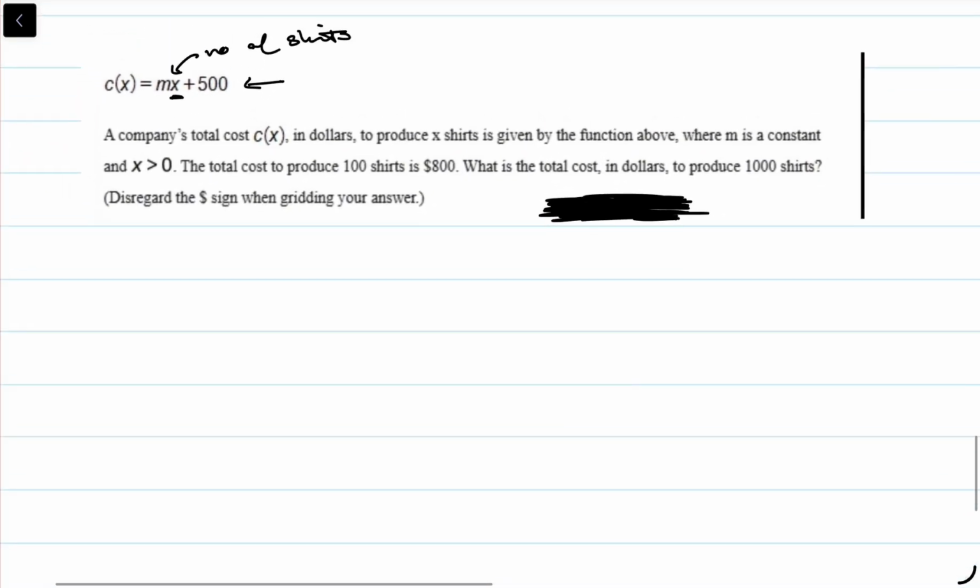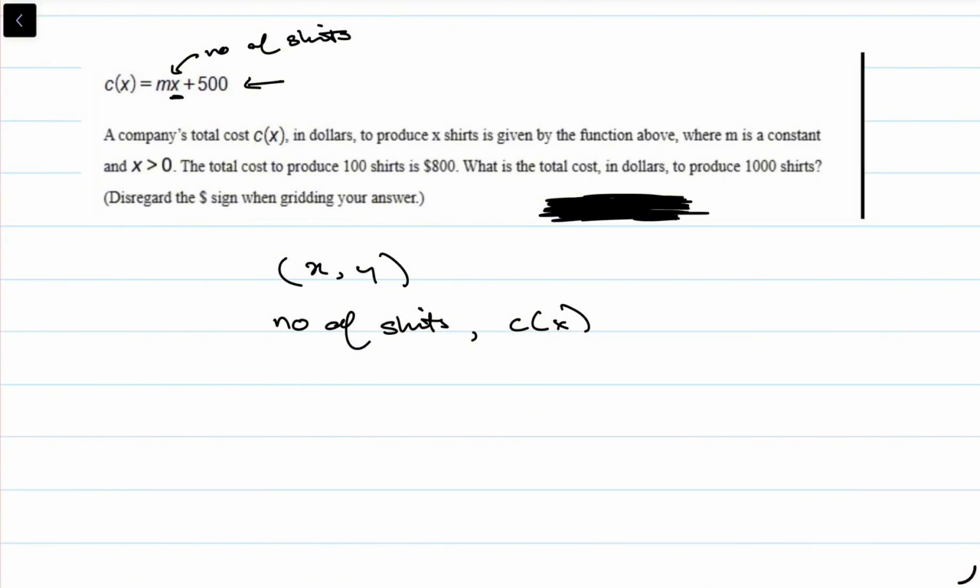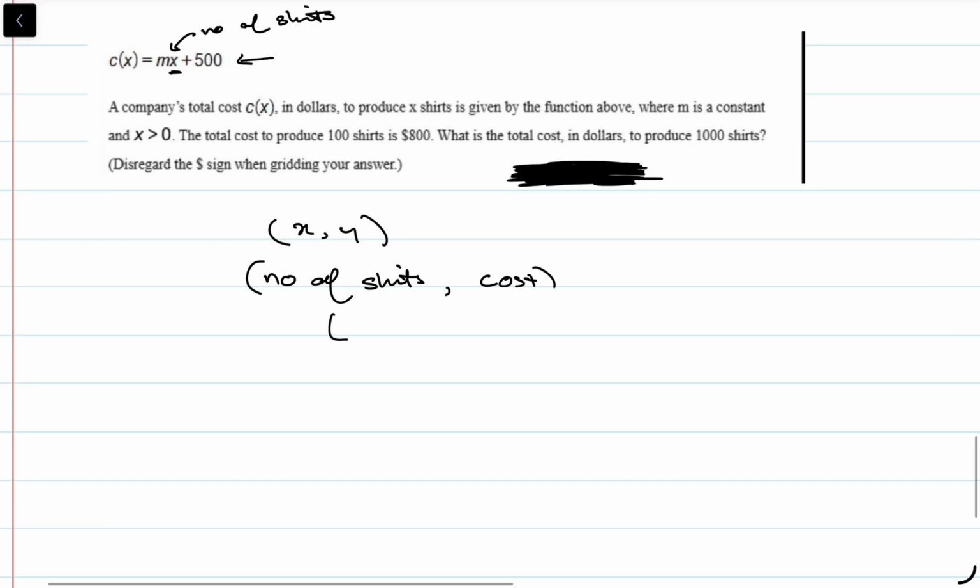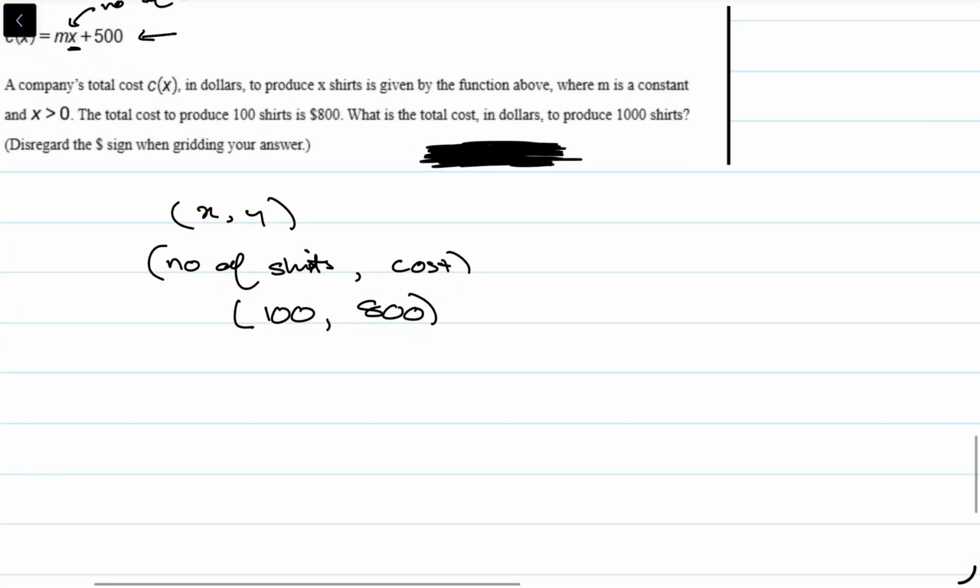The total cost to produce 100 shirts is 800. Basically, our x, y in this is the number of shirts by the cost. So let's write our coordinates. For 100 shirts, it takes $800. And we need to find how much 1,000 shirts cost.